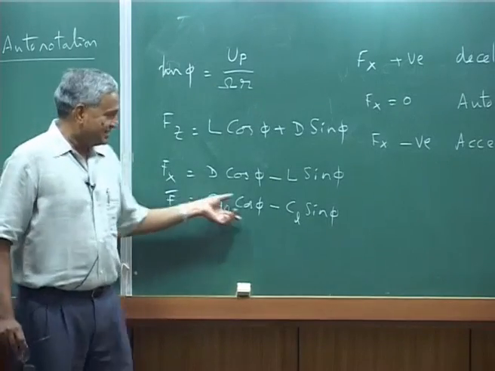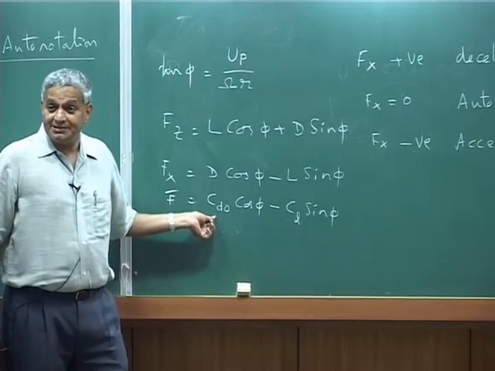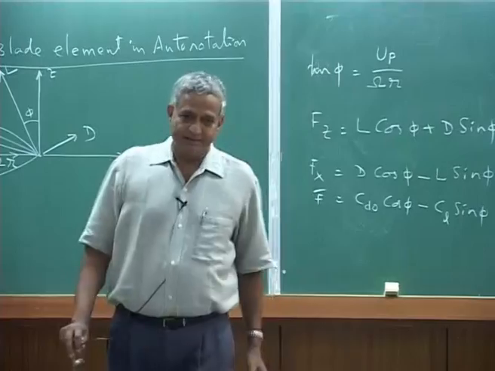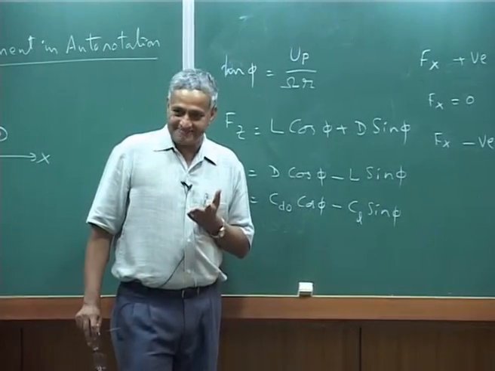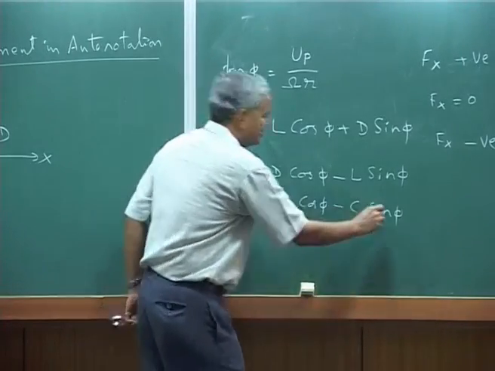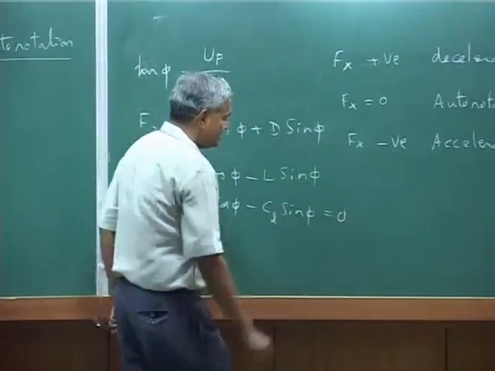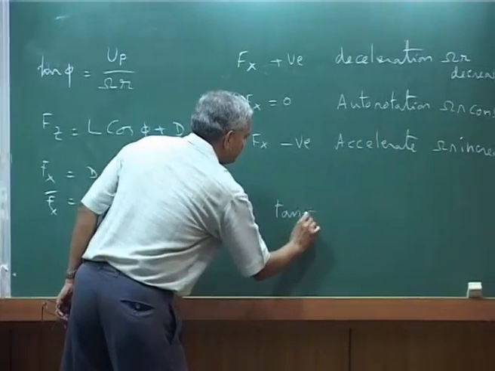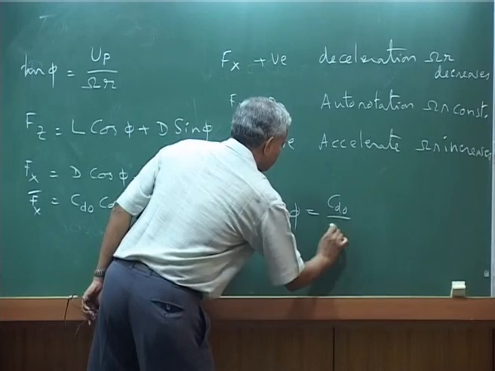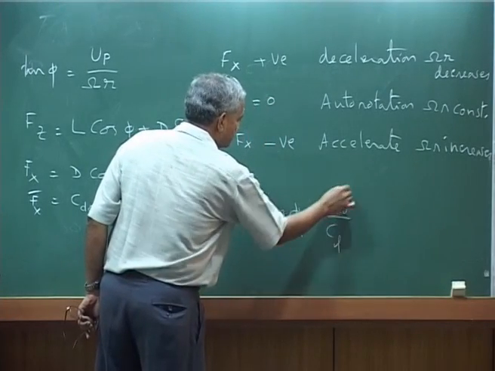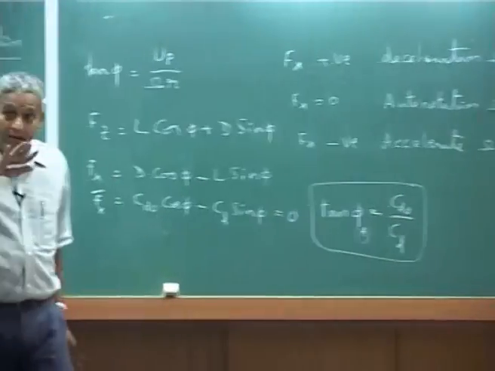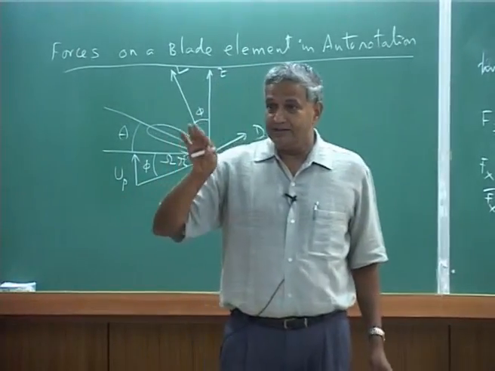You can keep this because CD naught is the aerofoil characteristic, CL is also an aerofoil characteristic. Now, if F bar x is 0, that is what is auto rotation. I am going to call it tan phi, with a subscript A just to indicate that this is the auto rotation condition, tan phi A equals CD naught over CL.